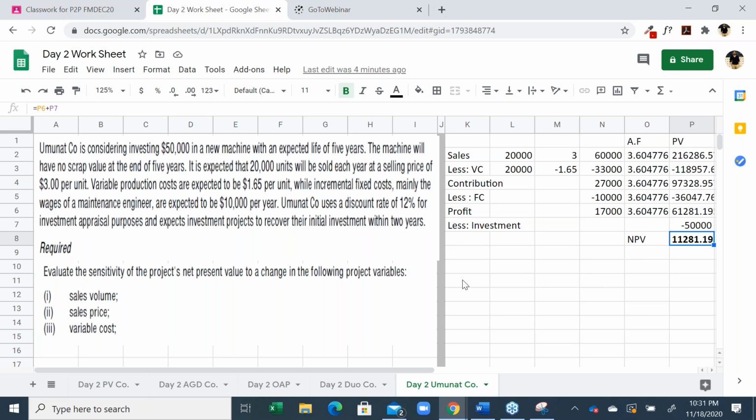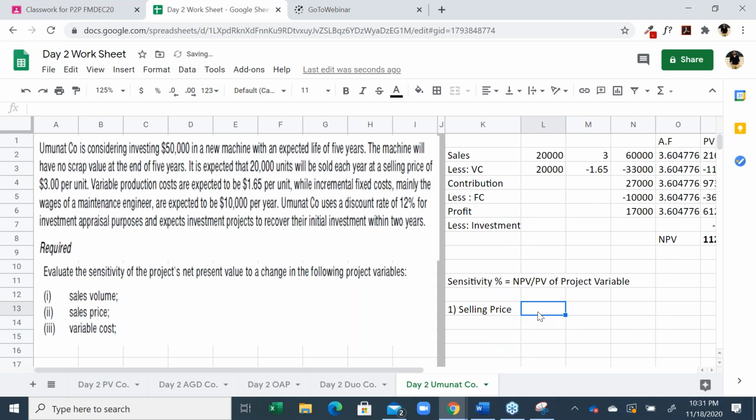So the formula for calculating sensitivity percentage is always equal to NPV divided by present value of the project variable. So let me first calculate it for selling price. Let's check how much decrease we can afford in our selling price. After a few calculations, I will explain the importance of these calculations.